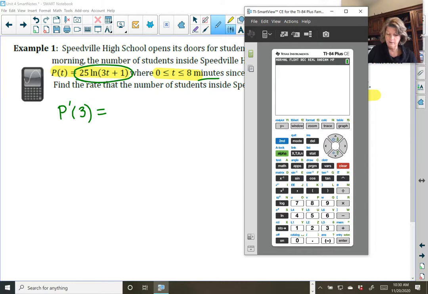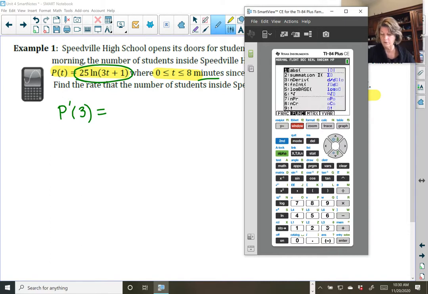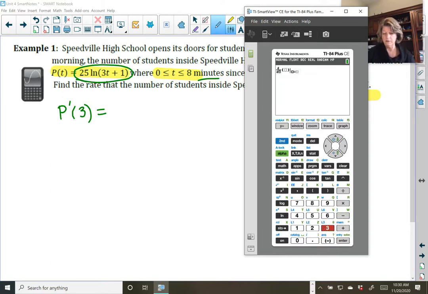So here's my calculator. Just to save time, I've already preloaded this particular function. So you can see my y1 has 25 natural log of 3x plus 1. So in my y1, I've got this equation stored. So that means I'm going to go to the home screen. I'm going to go alpha window option 3 and get the derivative.